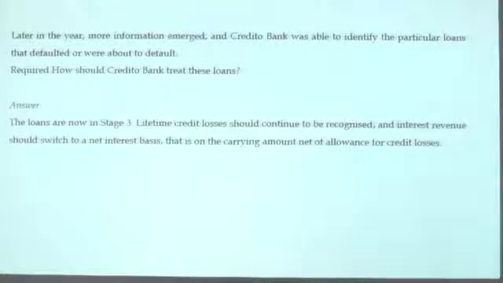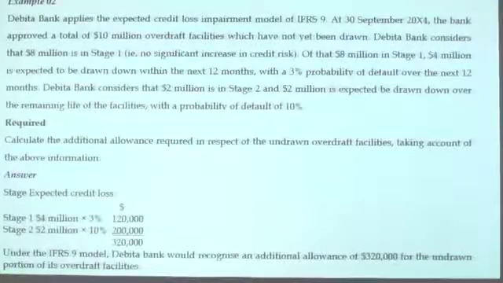Now don't wait for the write-off of the asset. Therefore, you will take your asset into stage 3, since it has actually defaulted. Got it? Right. That is how you have to apply stage 3. Clear? Right. Next example.